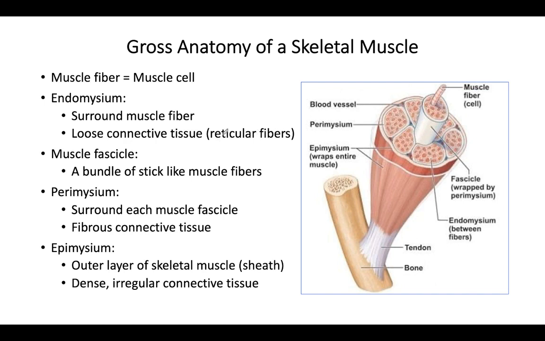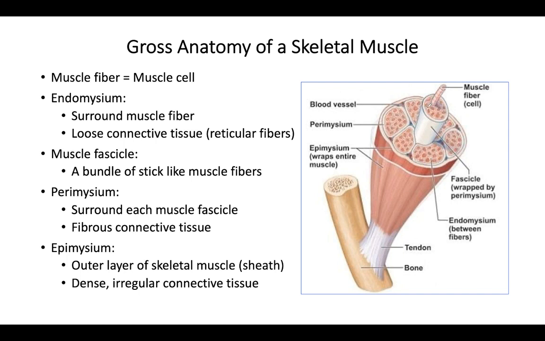We call this connective tissue endomysium. Here's a muscle fiber, and outside the muscle fiber is loose connective tissue named endomysium. You can see another muscle fiber, another muscle cell, each surrounded by endomysium.